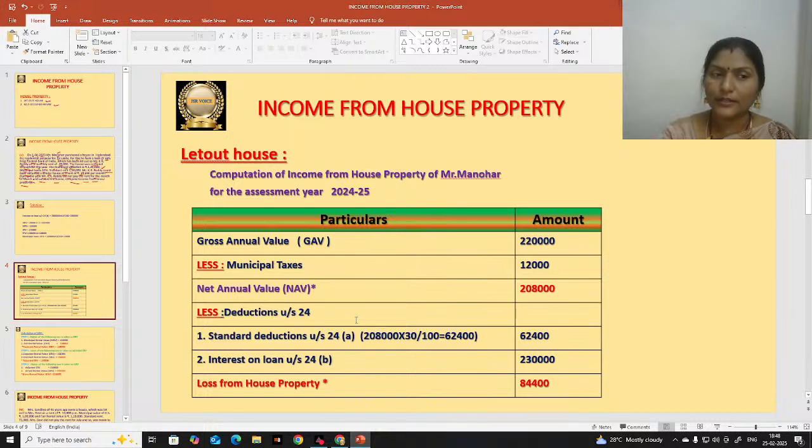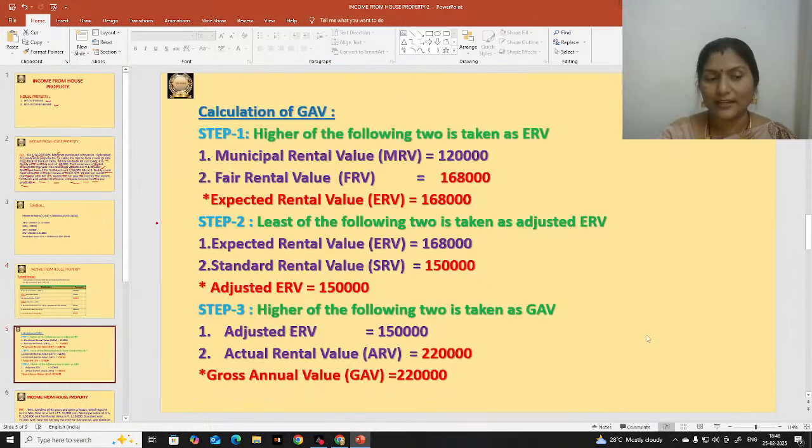This is a format that we have to draw and follow as per the Indian Income Tax Act 1961, and everything we recorded here. Next, the GAV calculation we did under this box in the working notes. So I will show that also. Okay, this is the GAV calculation. So this is actually the complete solution for this.